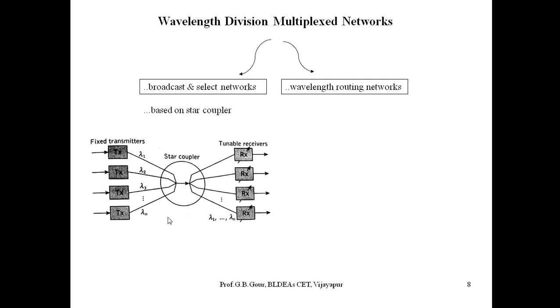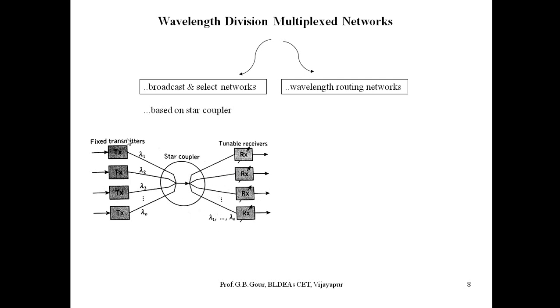Each of these wavelengths is broadcast with different fixed transmitters tuned to lambda 1 to lambda n, and with the help of the star coupler we help the tunable receivers to receive each of these.